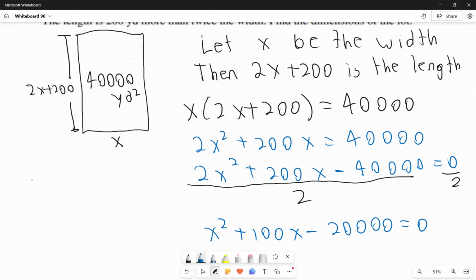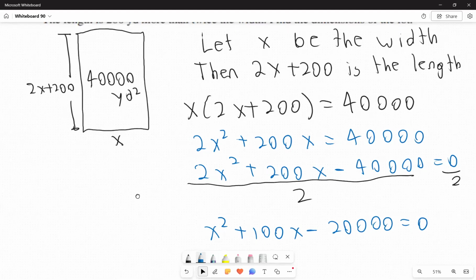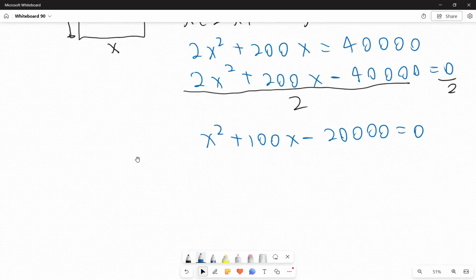And again, that's an equation that you can do by factoring, but if you cannot figure out the factoring right away, you can always try the quadratic formula or completing the square. This one can be done by factoring and the zero factor property. x squared plus 100x minus 20,000 factors as, so two numbers whose sum is 100 and whose product is negative 20,000 are 200 and negative 100.